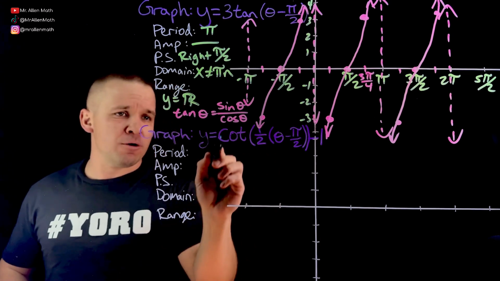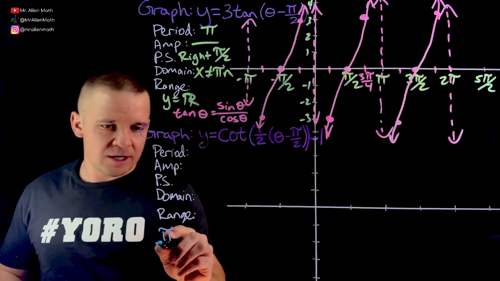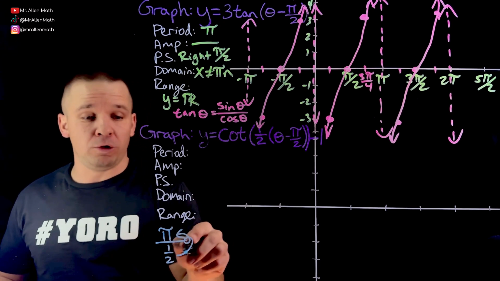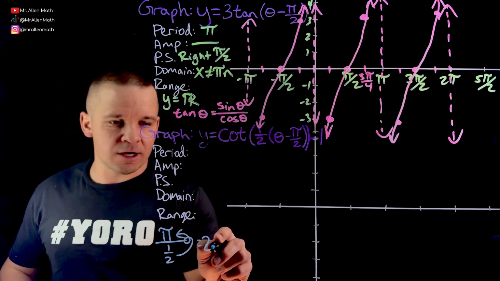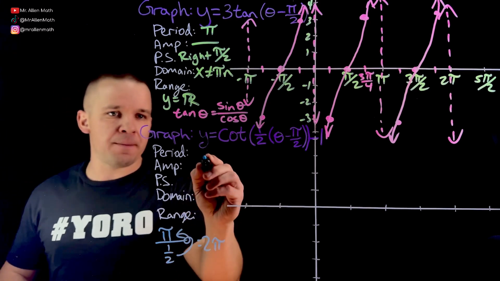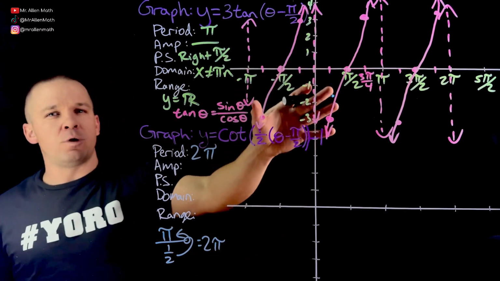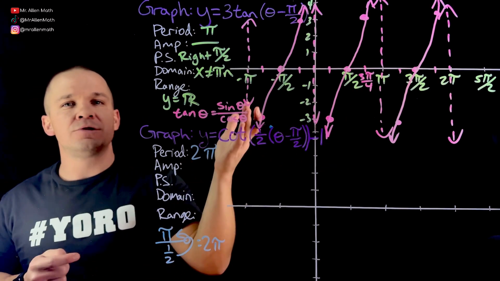All right, so for my period, I'm going to take pi and divide it by 1/2, which is the same as multiplying by the reciprocal. That loopy swoopy, that's official notation for multiply by the reciprocal. We're going to get ourselves 2 pi. That's my period now. However, I'm still going to scale it out just like this one to show you guys what's happening here. Because this is a horizontal stretch.